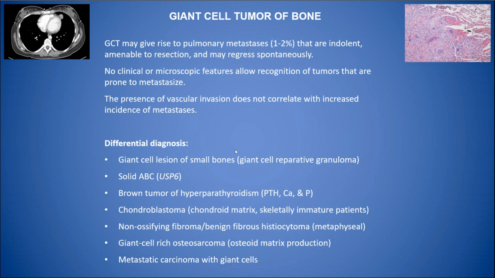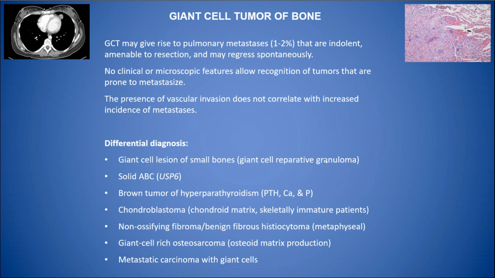Of course, the differential diagnosis is pretty broad. Again, I'm going to try to go over the most important ones. Giant cell tumors of bone need to be distinguished from giant cell lesions of small bones, ex-giant cell reparative granuloma. This is a lesion that exclusively occurs in the small bones of the hands and feet, where giant cell tumors are rare, but they do occur as well.